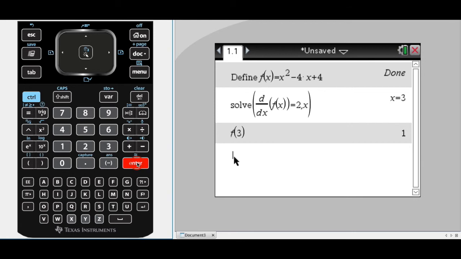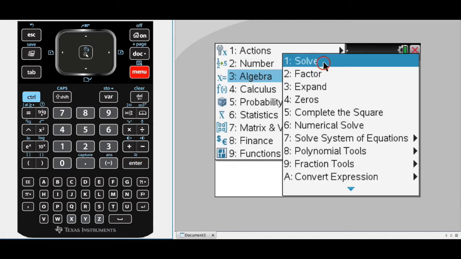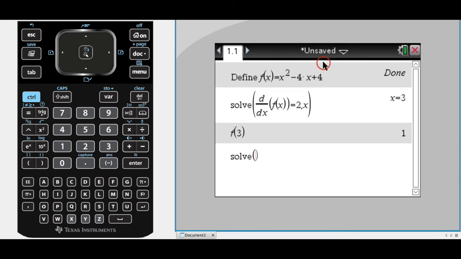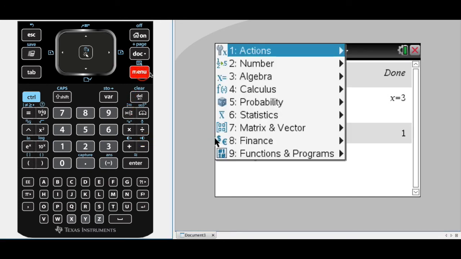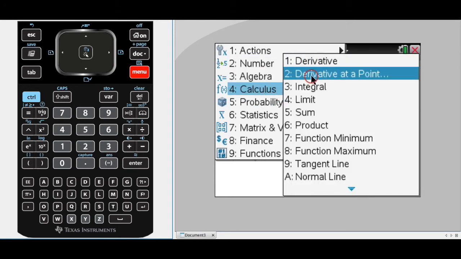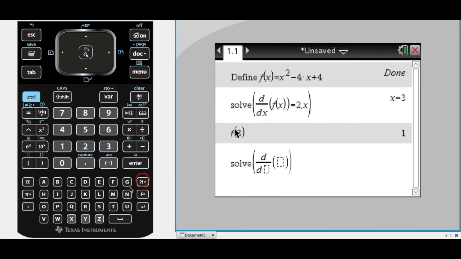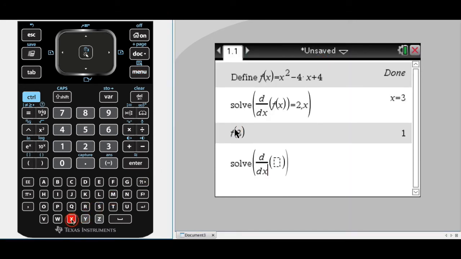So similar type of technique, I'm going to make use of the solve function, so Menu, Algebra, and Solve. Again, I'm looking at the derivative function, so Menu, Calculus, and Derivative. And I'm doing it with respect to x.